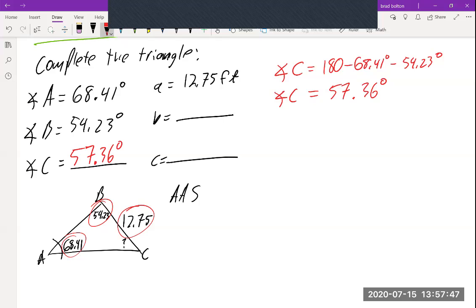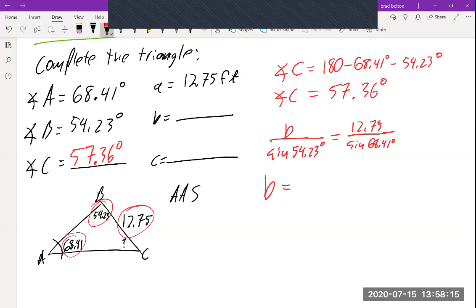In general, now that you know all three angles and you know one side, you can find the last two sides. So I'm just going to do B over the sine of B, which is 54.23 degrees, equals A, which is 12.75 divided by the sine of A, which would be 68.41 degrees.